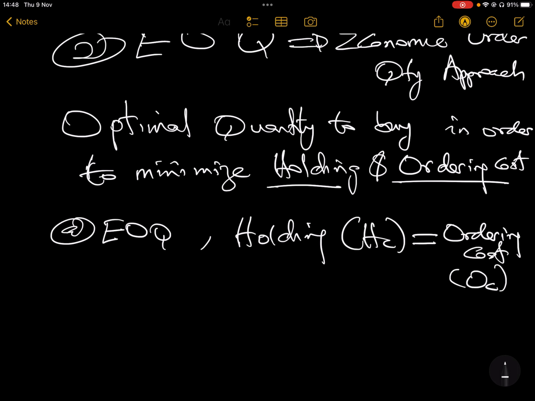In fact, if you calculate the EOQ quantity and your annual holding cost, remember this is annual holding cost, and likewise annual ordering cost, and your annual holding cost is not equal to your annual ordering cost, then there is a mistake in your calculation. Either your quantity is wrong or your holding or your ordering cost is wrong. Because at EOQ, both are meant to be equal.